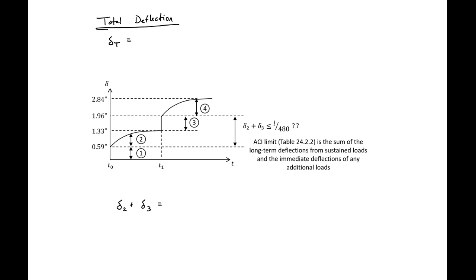We can put it all together now and find the total deflection. So our total deflection is going to be the sum of all our different components. Our immediate deflection under the dead load plus the sustained portion of the live load was 0.559 inches, plus the long-term component of this loading, which was 0.766 inches, plus the immediate deflection of the additional live load that we hadn't considered before, 0.638.